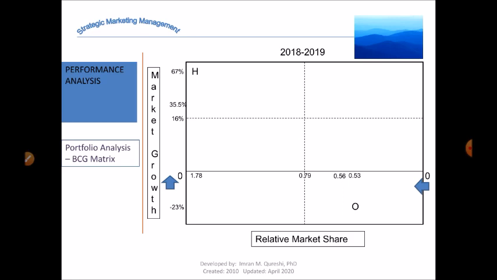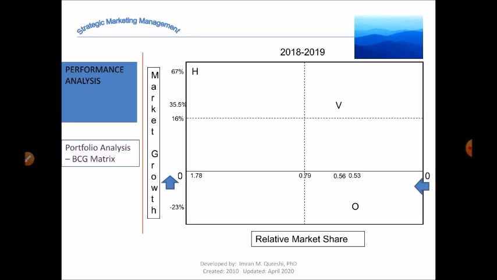Oppo's relative market share is 0.53, and their market has decreased from 52 to 40 million. So they are getting a market growth of minus 23%, and because of this they are going to be placed in the dodos quadrant.